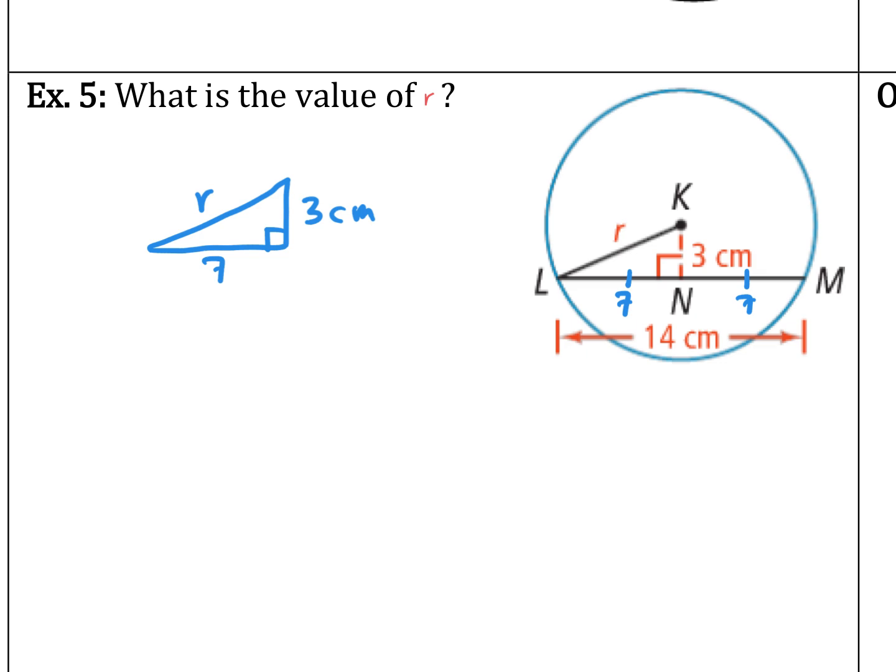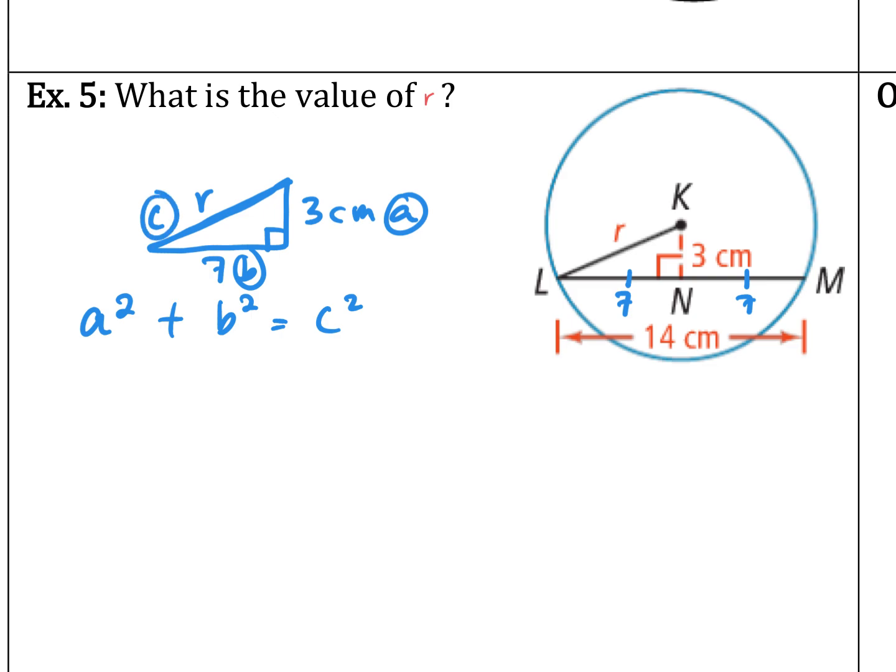Okay, so that means that we're going to use our Pythagorean theorem. A squared plus b squared is equal to c squared. In this case, our radius here is going to be the c squared. Okay, so let's put in the values. This is going to be our a, this is going to be our b, and this is going to be our c. So I will just put r for the c.